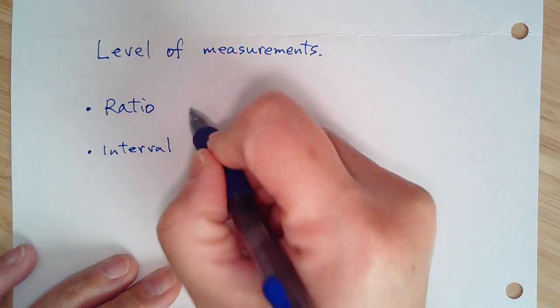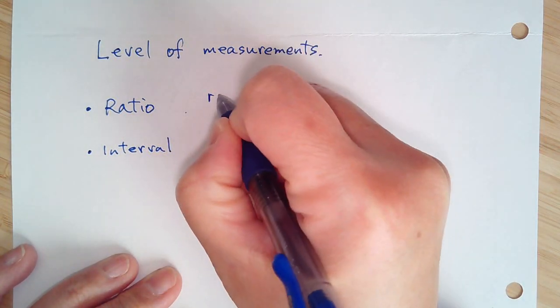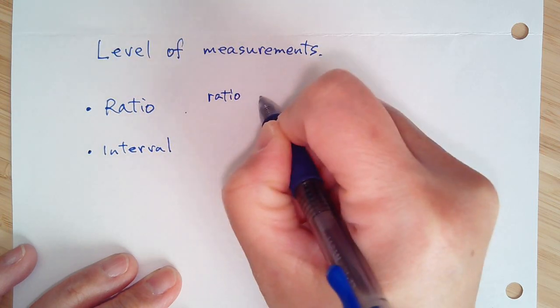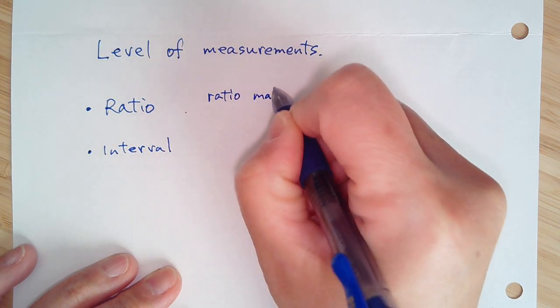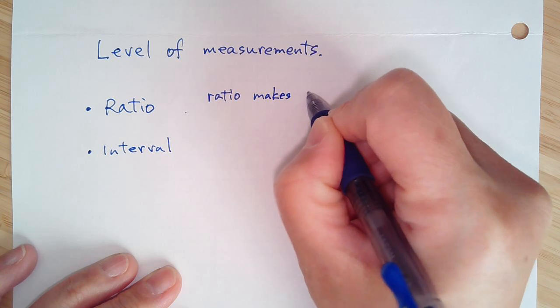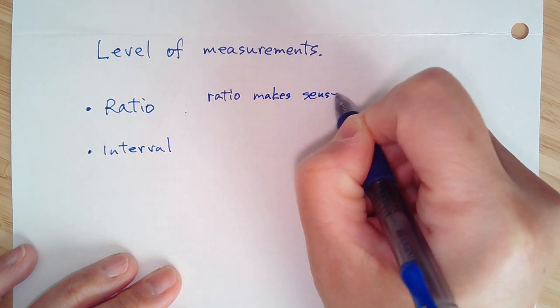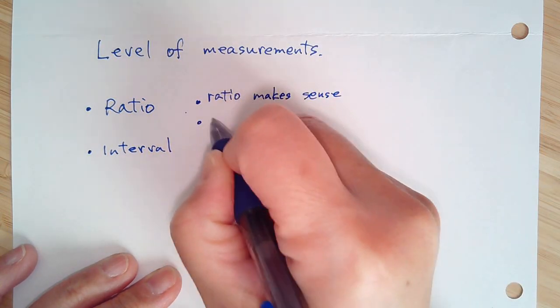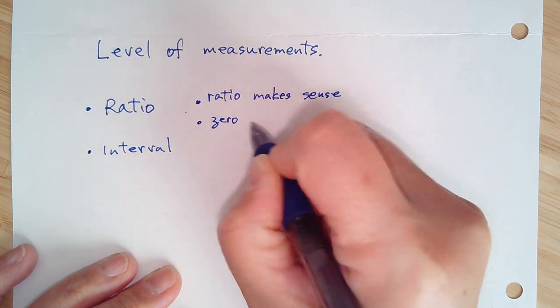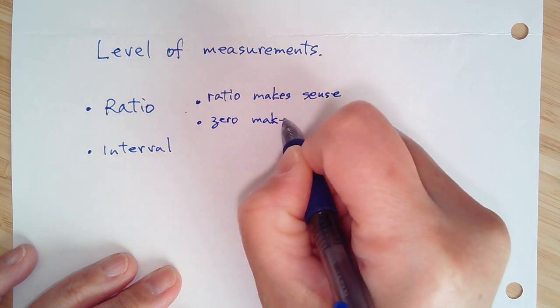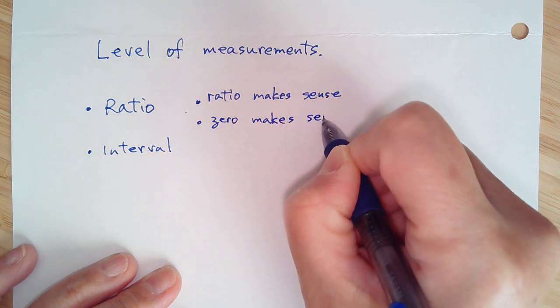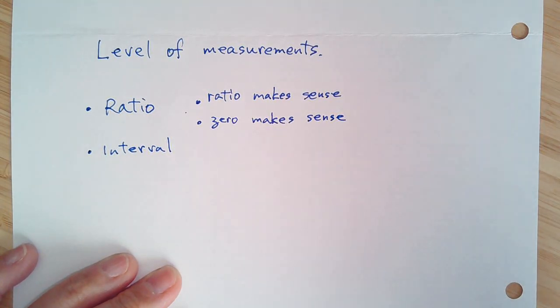For ratio data, ratio makes sense. Okay, so that's very important. Ratio makes sense, and zero makes sense. For example, the example we just gave earlier, weight.